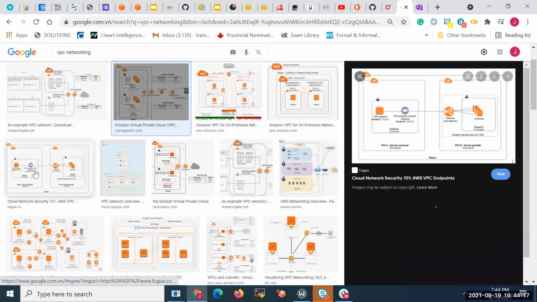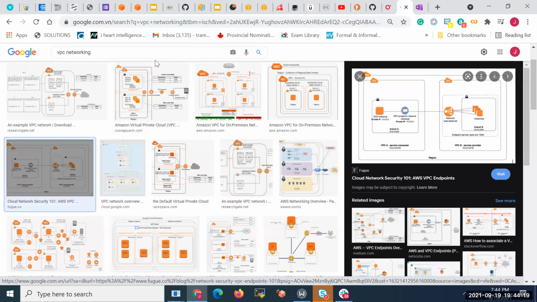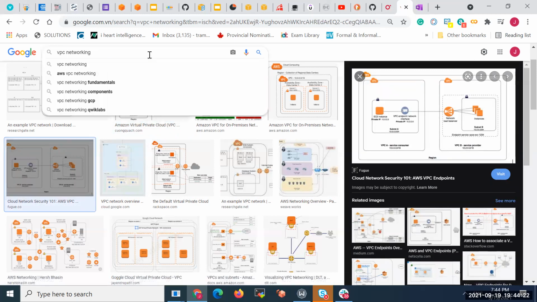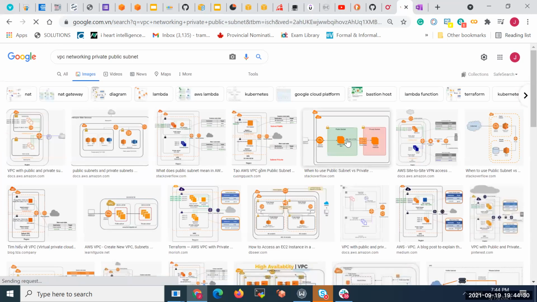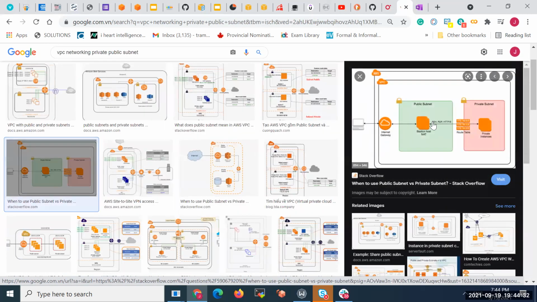Let me find another example. Okay, here's the very basic example.